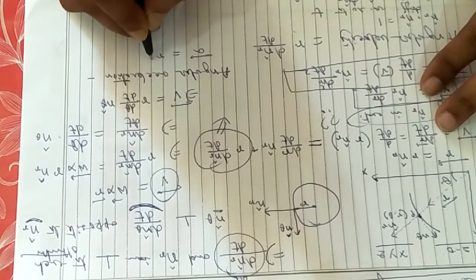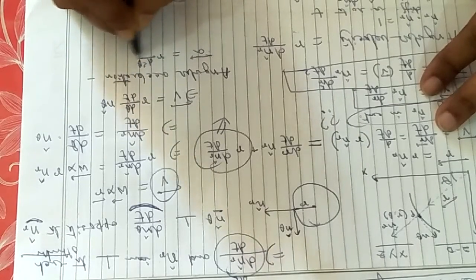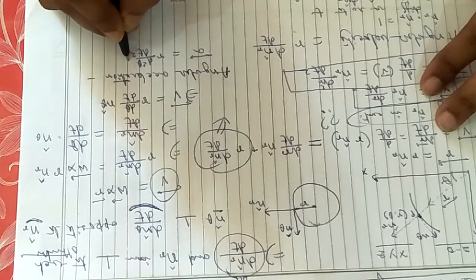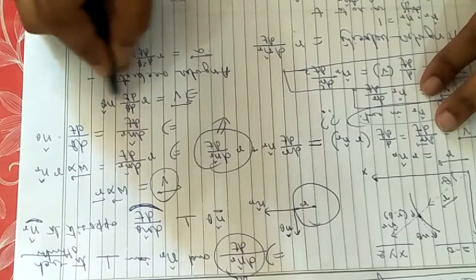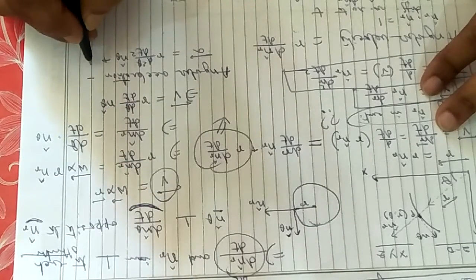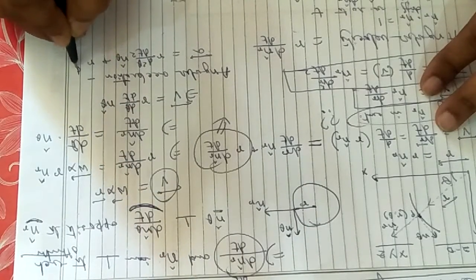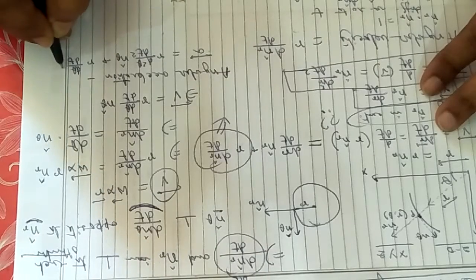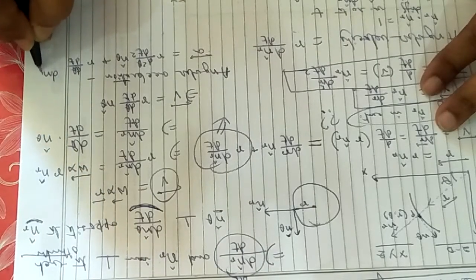So the first term will be r d2 theta dt2 n theta cap. Plus the second term, again r constant, then d theta dt, then d n theta cap dt.